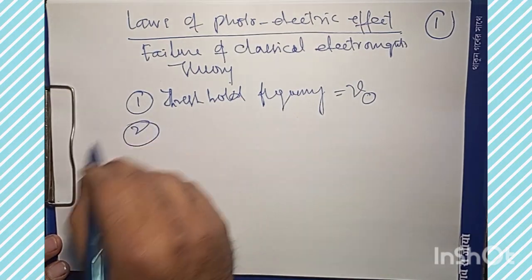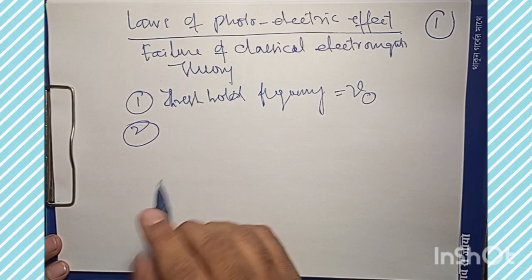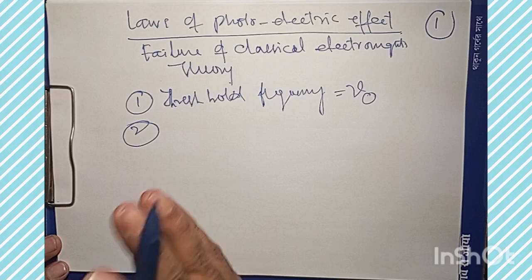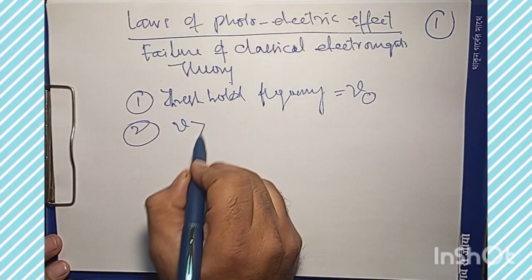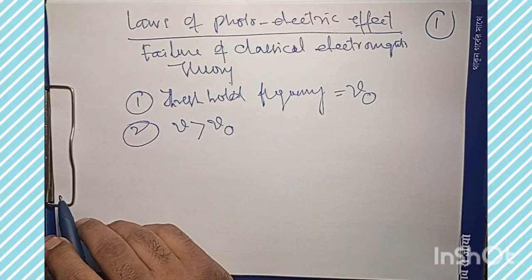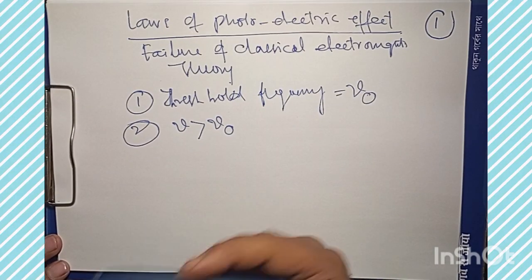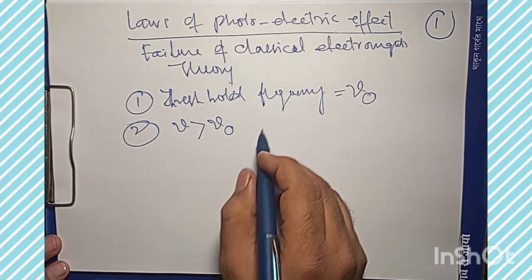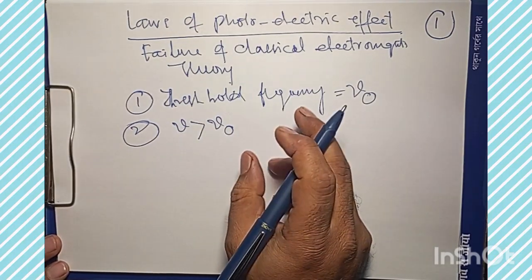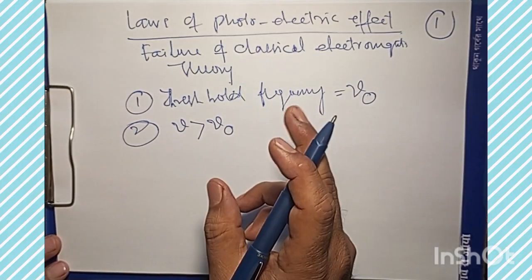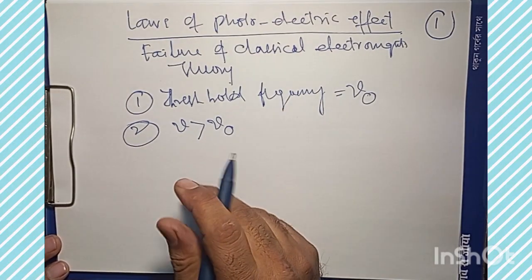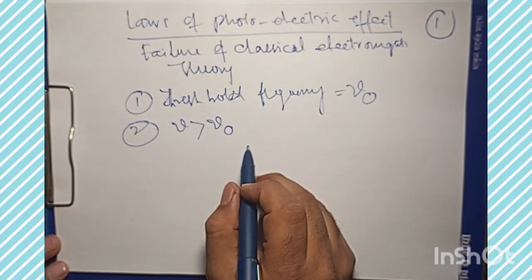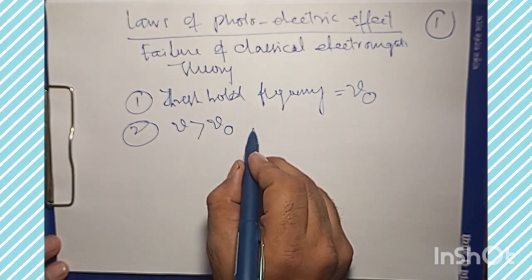The next important point is that for a given frequency, which is to be nu greater than nu naught, the number of photoelectrons emitted per second for a given surface under a constant accelerating potential is directly proportional to the intensity of light.